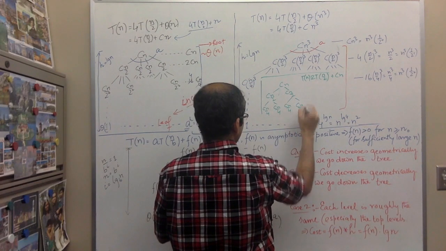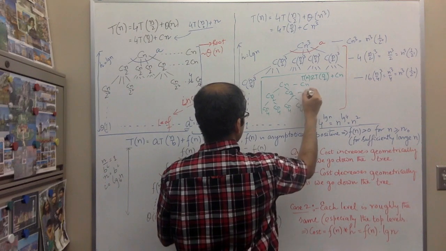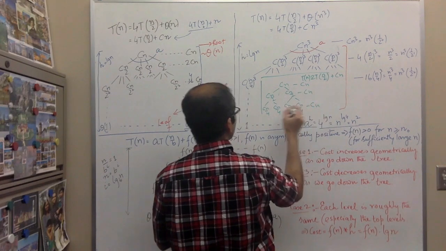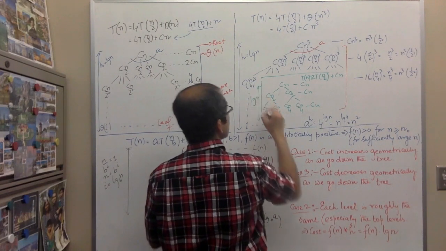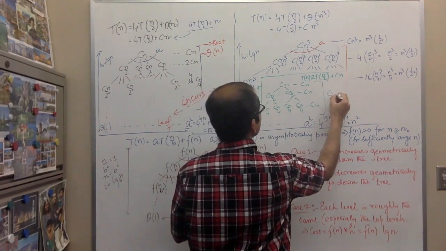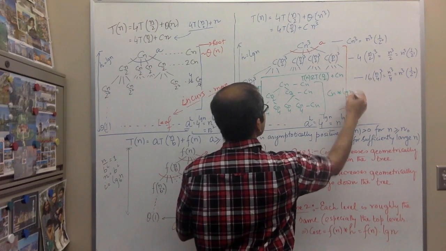So at every level the cost was actually the same, cn, cn, cn. How do we find the cost? We found the height of the tree, which was log n, and then we said total cost was cn times log n.